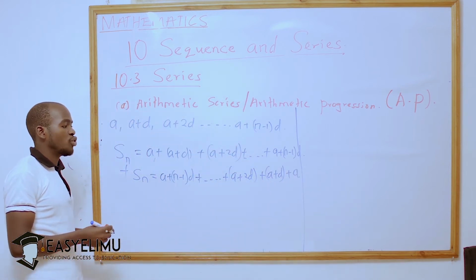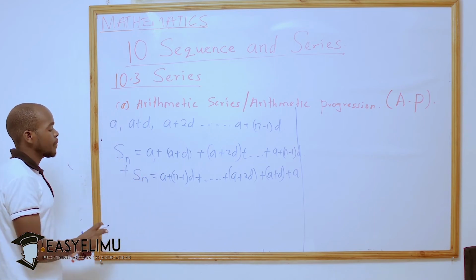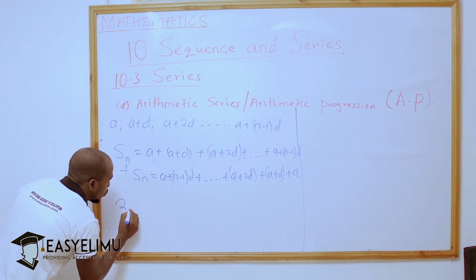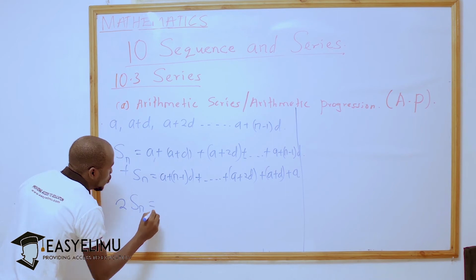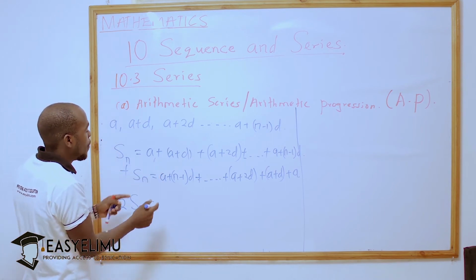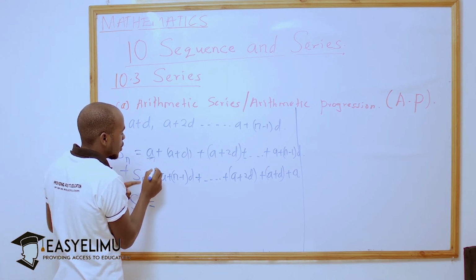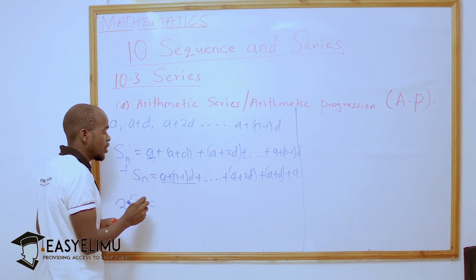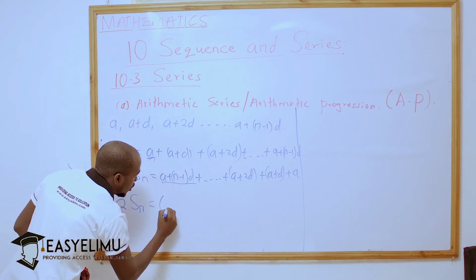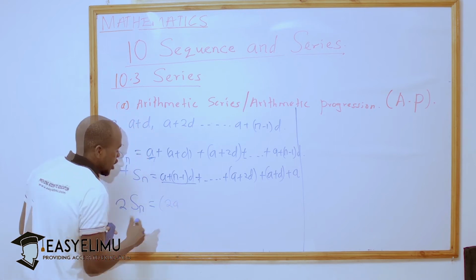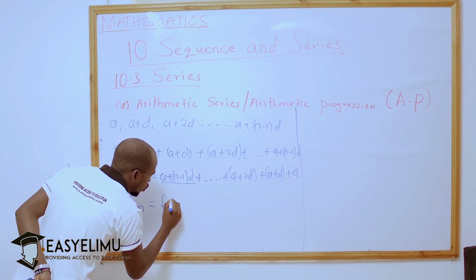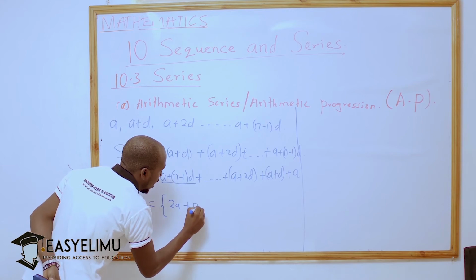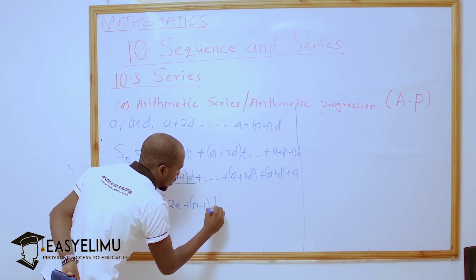So you will find that you are going to have 2Sn equal to, if you sum the corresponding first term and the largest term, as you go on, this is going to give us 2a plus n minus 1 d.